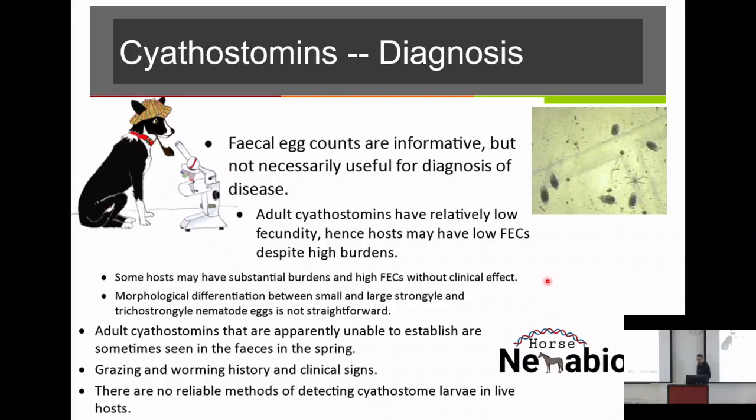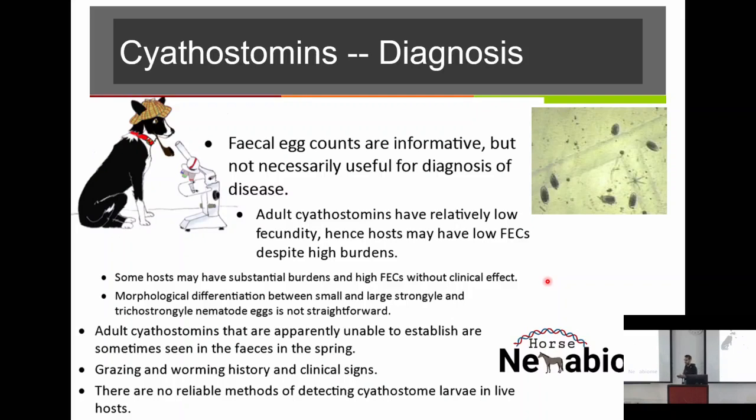So as far as diagnosis is concerned, we already discussed that fecal egg count is the preferable method, is informative, but is not very useful for the diagnosis of this disease. Why? Because sometimes the host may have a low fecal egg count but a high disease burden. On the other hand, sometimes the horse has a high fecal egg count but a low disease burden.